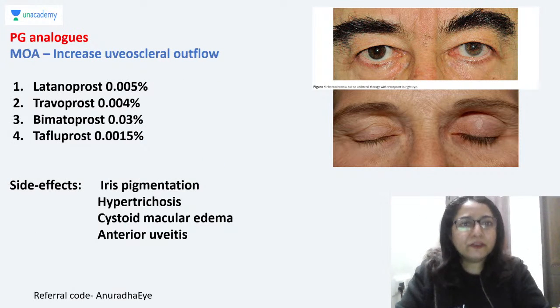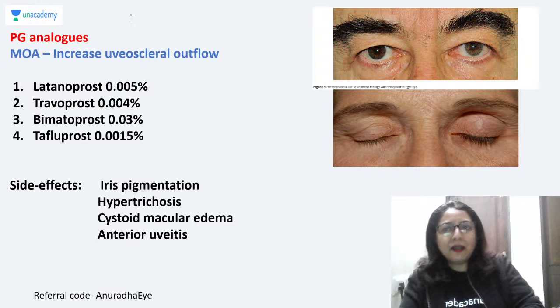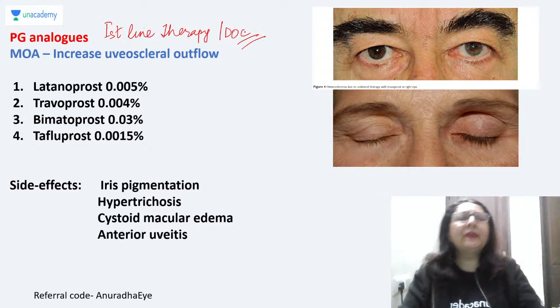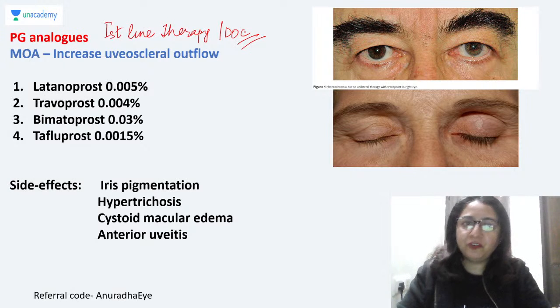First of all, we'll be discussing prostaglandin analogs. Prostaglandin analogs are your first line therapy. They are your first line or drug of choice when you want to initiate medical therapy in a patient of glaucoma.